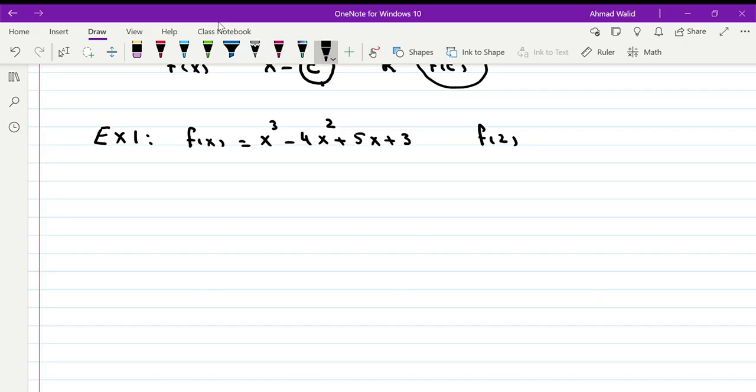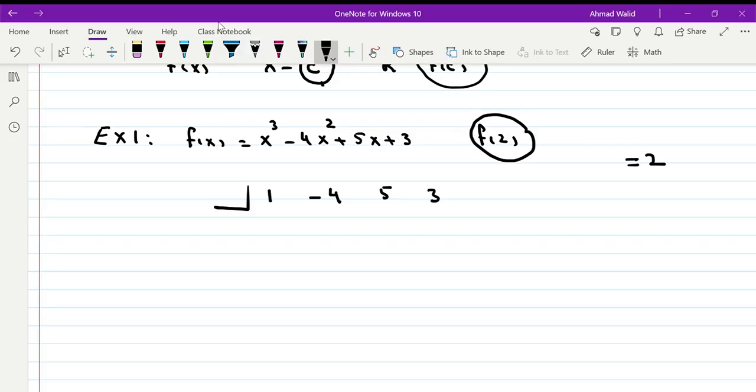It means you can use synthetic division. Look, write down the coefficients. You have 1, negative 4, 5, 3, divided by, here they are giving you f of 2.